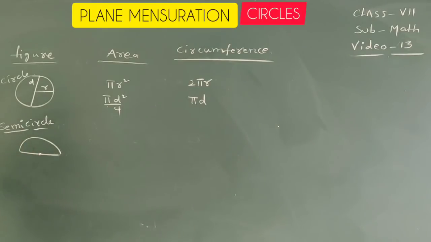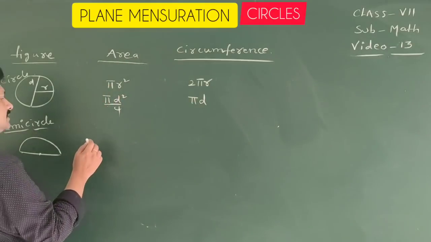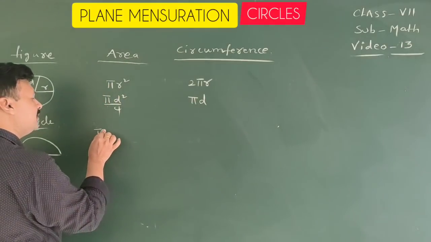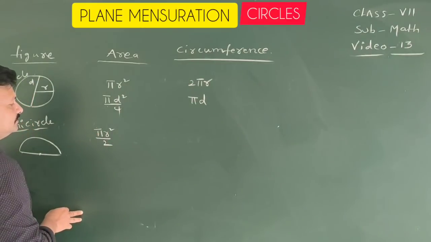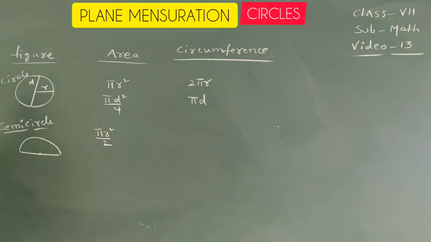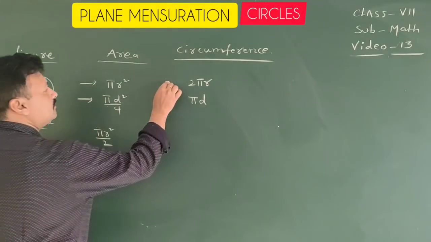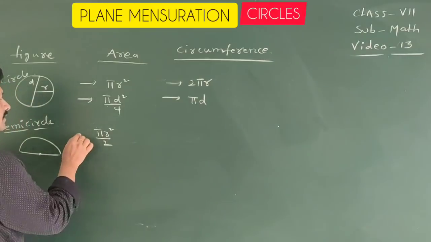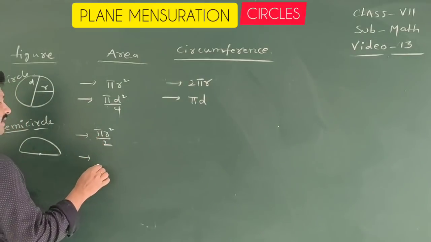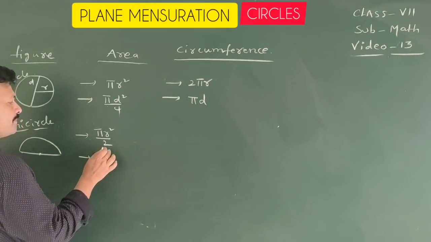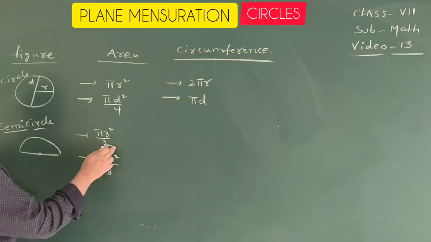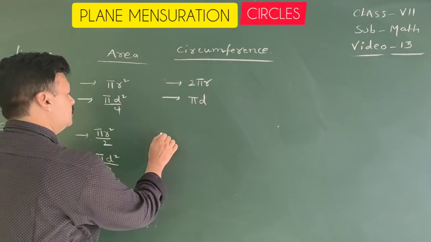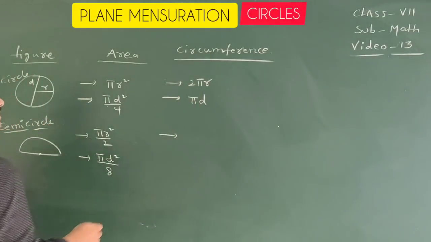For the semicircle, the area is pi r square by 2, half of the circle. In case of diameter, pi d square by 8, that is 4 into 2. Here, circumference.